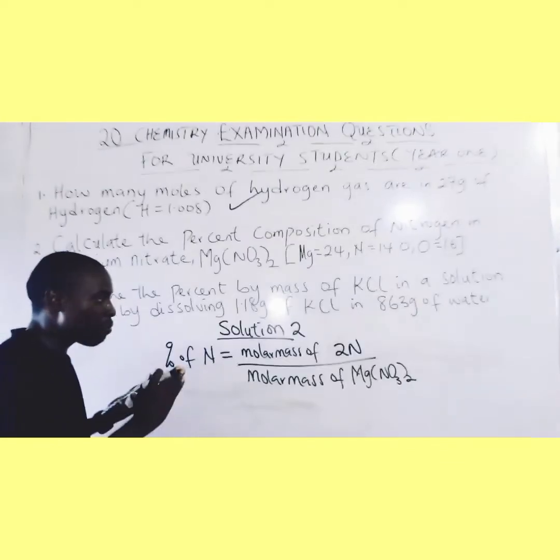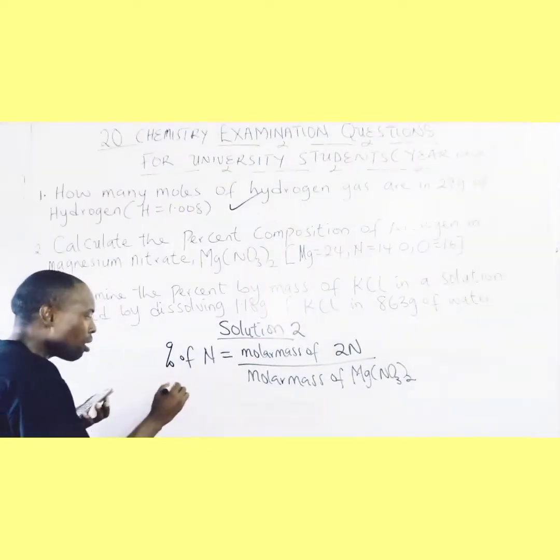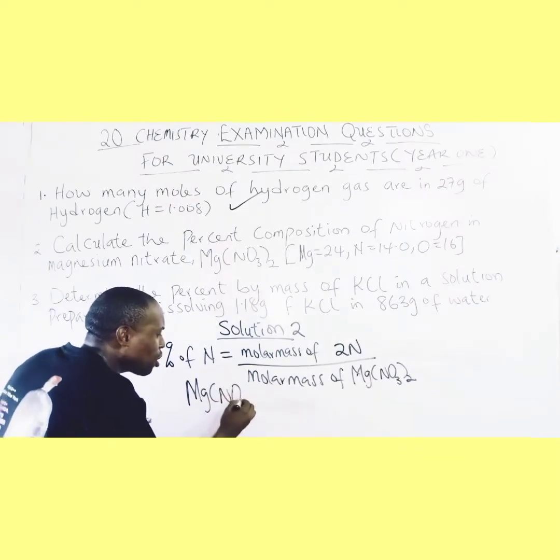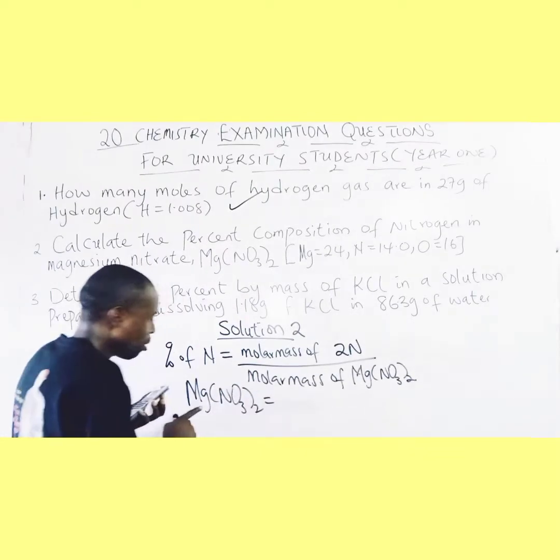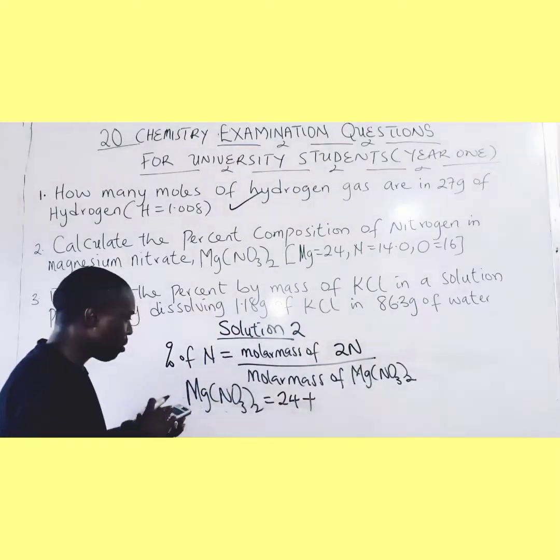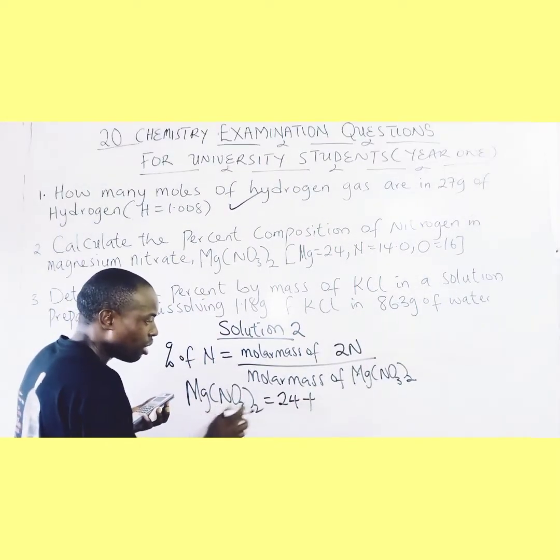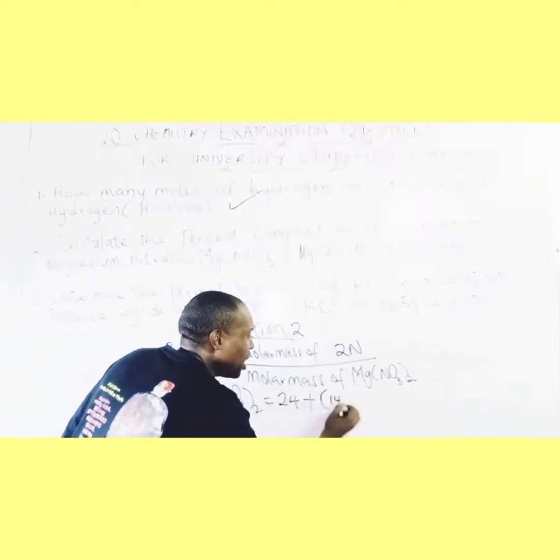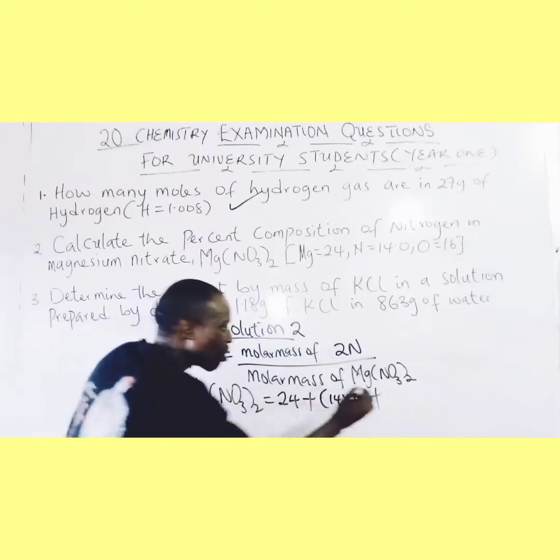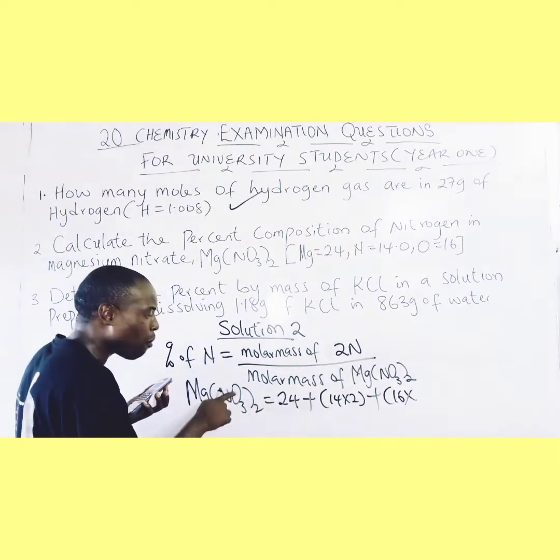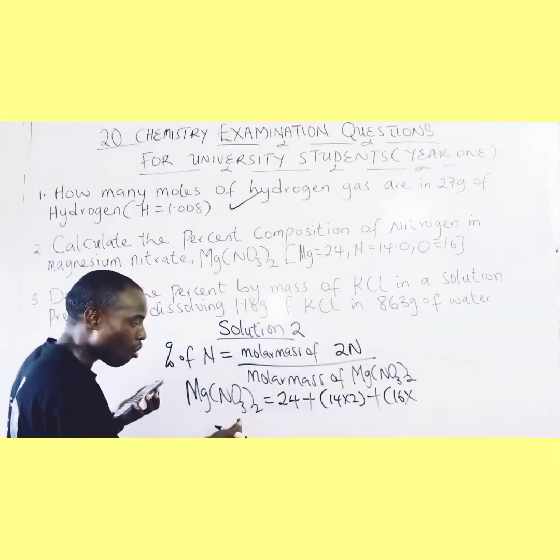What do we do first of all? The first step is to calculate the molar mass of this compound. Magnesium is 24, plus nitrogen, which is 14, in the bracket, times 2, plus oxygen, which is 16 times the number of atoms of oxygen, here 6. How?